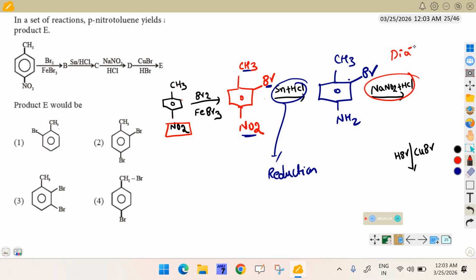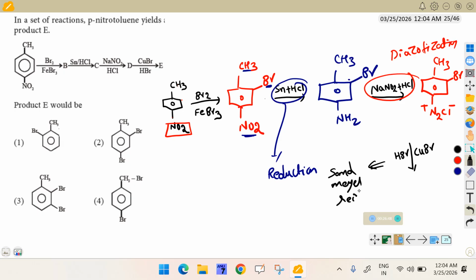Diazotization takes place, then it gives N2 plus Cl minus, CH3 Br. Now this reacts with HBr CuBr. The reaction is called the Sandmeyer reaction. Then bromine substitutes, Br, CH3. The second one is the correct answer.